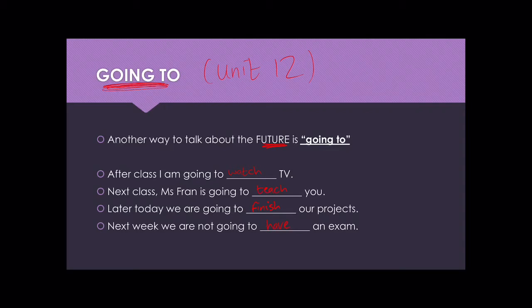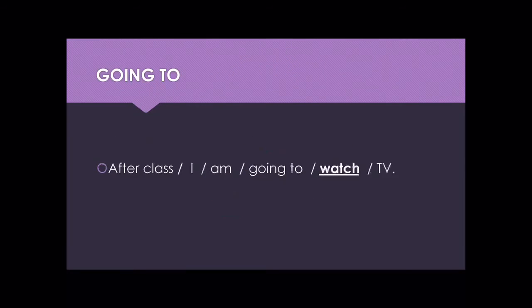So all these sentences here are talking about the future. After class, next class, later, next week. And they all use going to. If we look at this example in more detail, first up we have our time word, in this case after class.